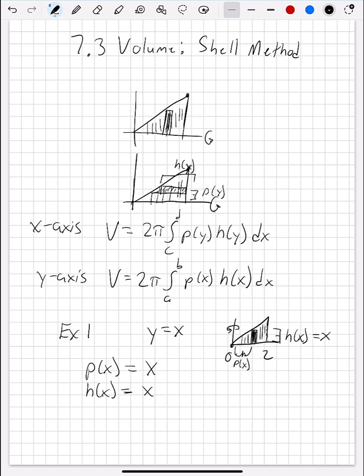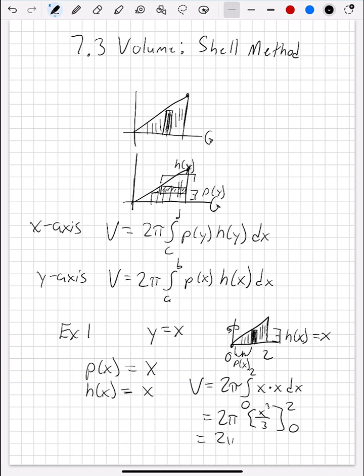So that means the volume of this is equal to 2 pi from 0 to 2 of the integral of x times x dx. X times x, of course, is x squared. So I have 2 pi times x cubed over 3 from 0 to 2.